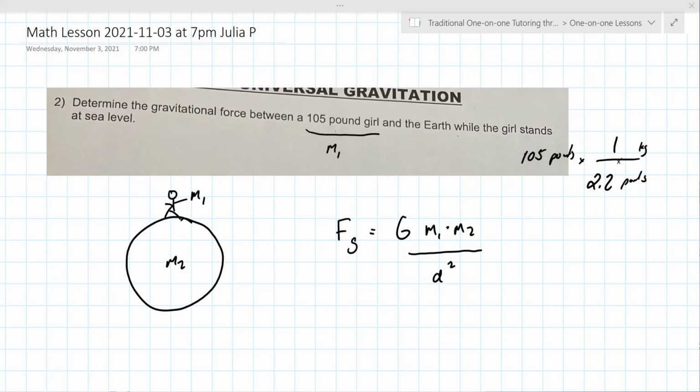Okay, and that's 47.7 kilograms. The mass of the Earth in kilograms, they have to give that to you, or your instructor has to say here, I'm going to give you a sheet with that on it, but it's 5.972 times 10 to the 24th kilograms.